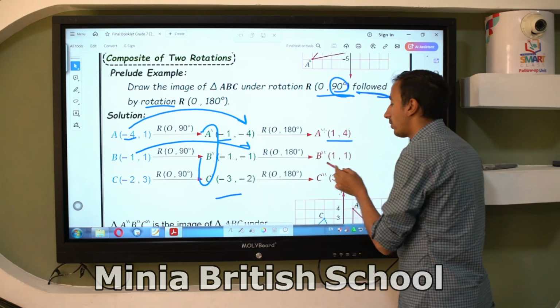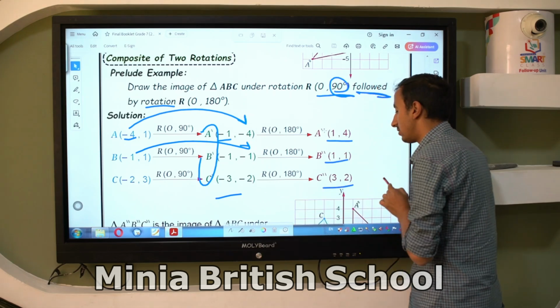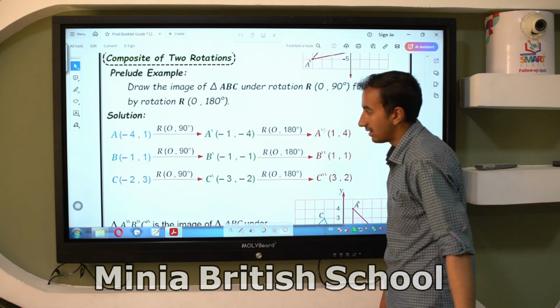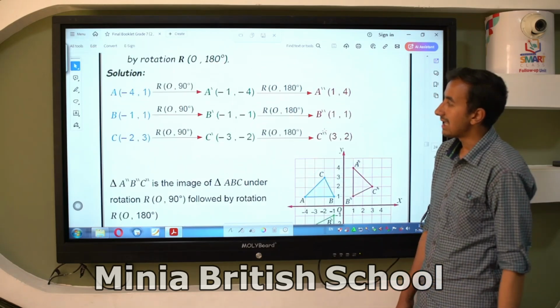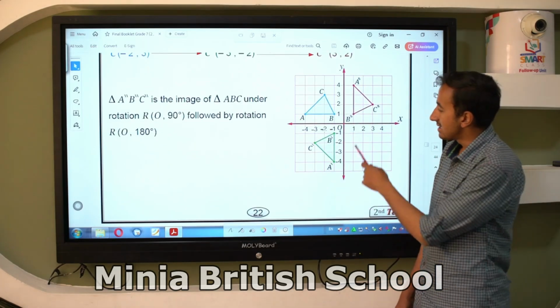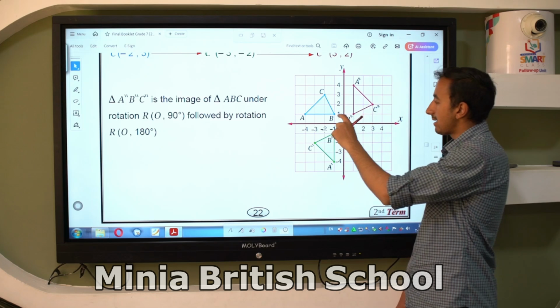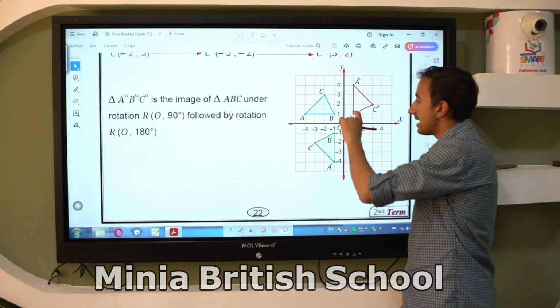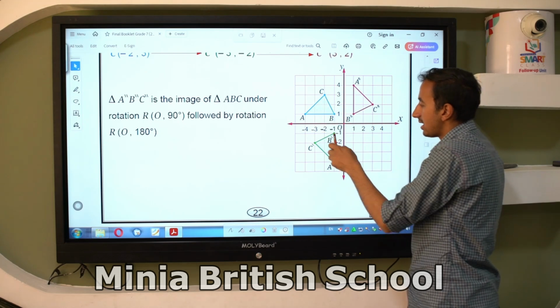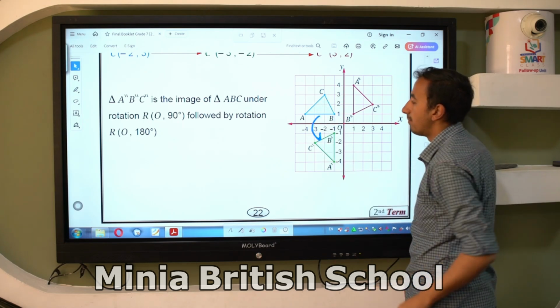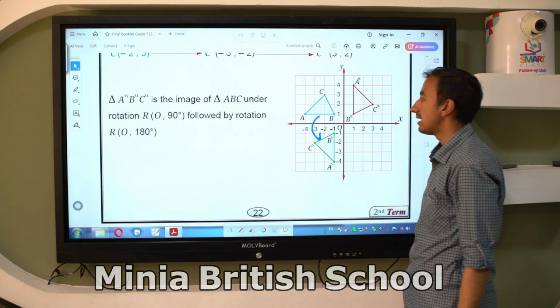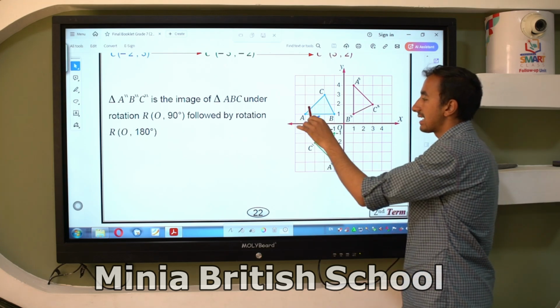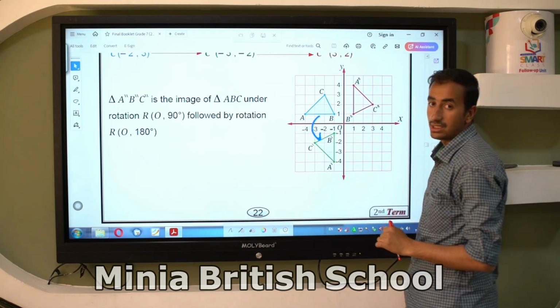Negative 1, negative 1 becomes 1, 1. Negative 0, negative 2 becomes 0, 2. So I can draw here A, B, C and A', B', C' using their coordinates. Here the rotation by 90 degrees is from the second to the third quadrant.